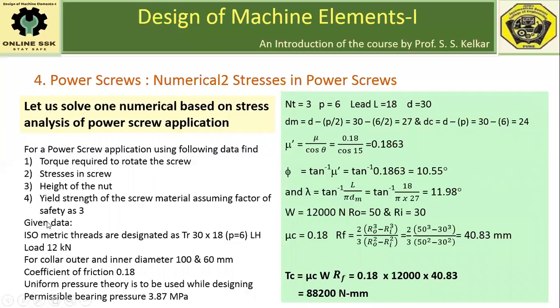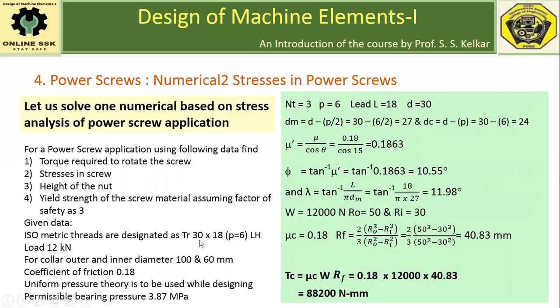In this particular case, ISO metric trapezoidal threads are specified. Therefore, using theta as 15, mu upon cos 15 will give the value of mu dash, which in this case is 0.1863. Its tan inverse will give the value of phi, the friction angle, which in this case is 10.55 degrees.